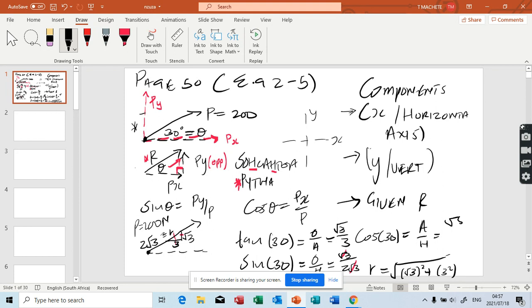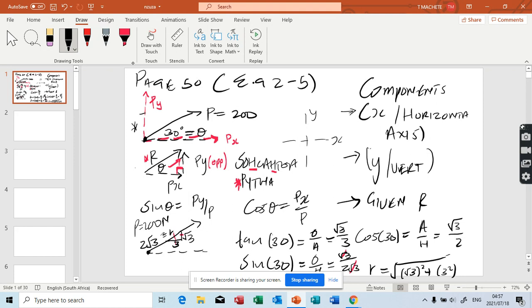So instead of writing cos 30, you can write it as root 3 over 2. Do you agree?